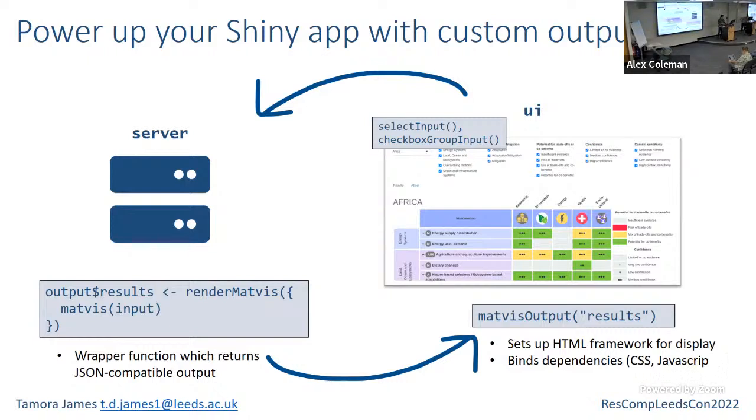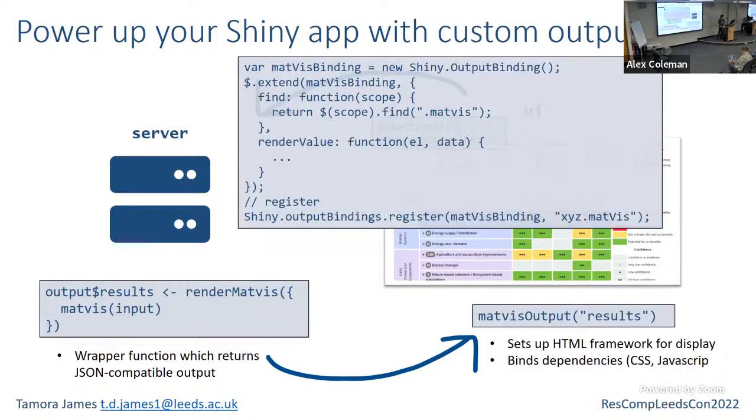So the bit of magic that is then required is some JavaScript, a JavaScript binding which allows you to take the results from the data manipulation and output them into this HTML framework. This is a JavaScript object where you tell it where to put this data on the page with a find function, and then you give it a way to render the value.